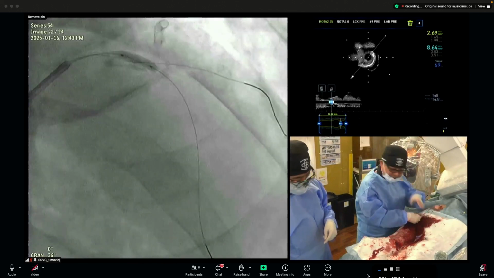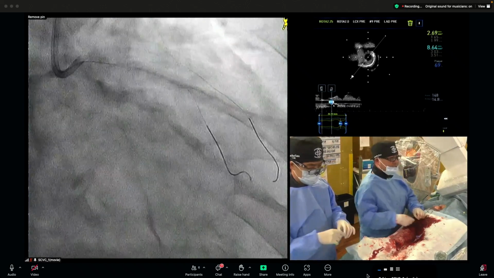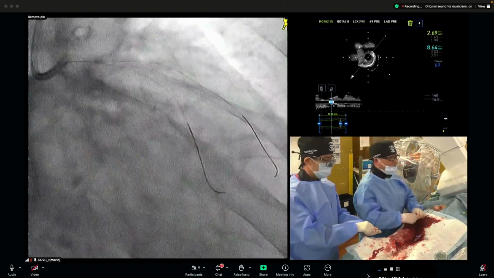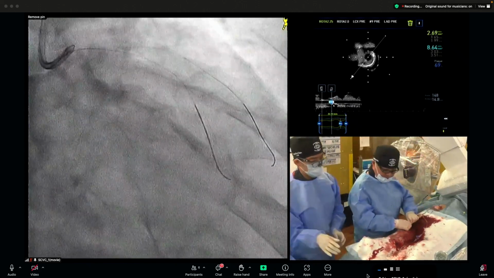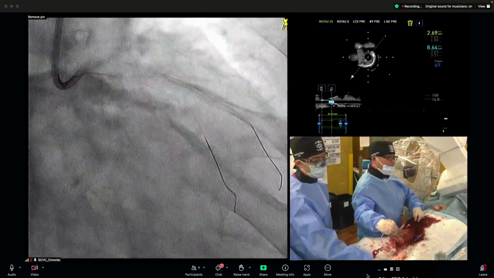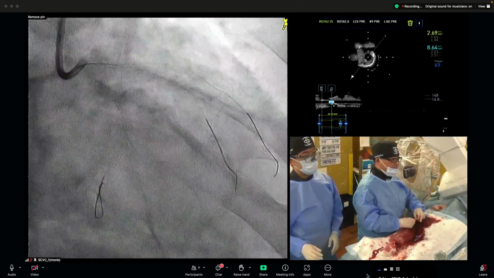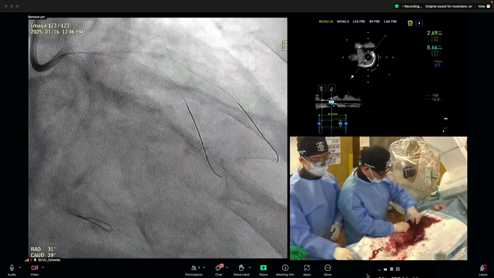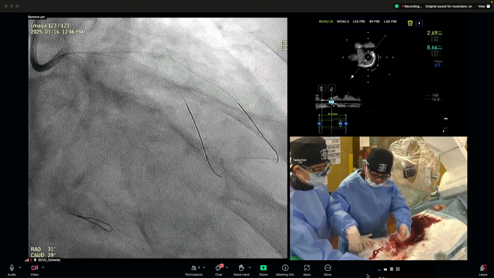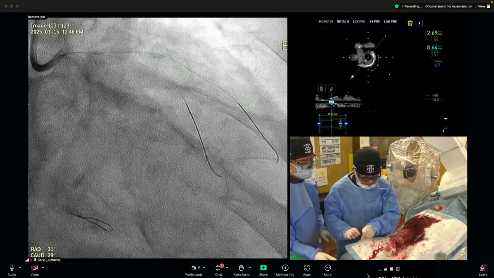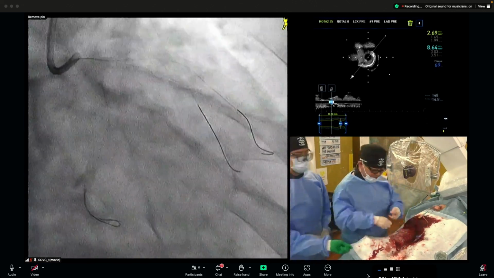Okay, due to the limited time, this is Shoichi speaking, instead of Kashima sensei. I'm not sure who talked about the side branch protection technique, but honestly, our centers have never performed such a protection technique when performing rotablation.